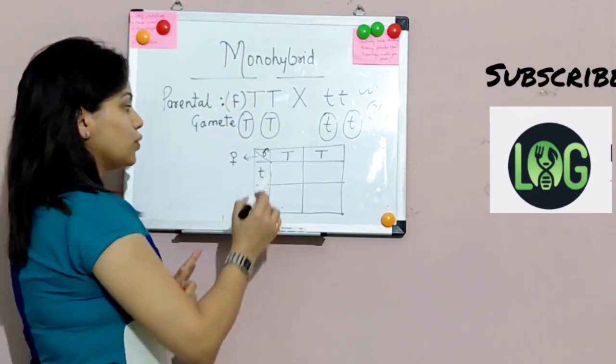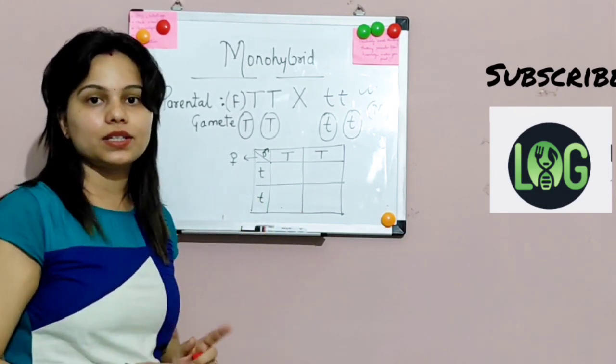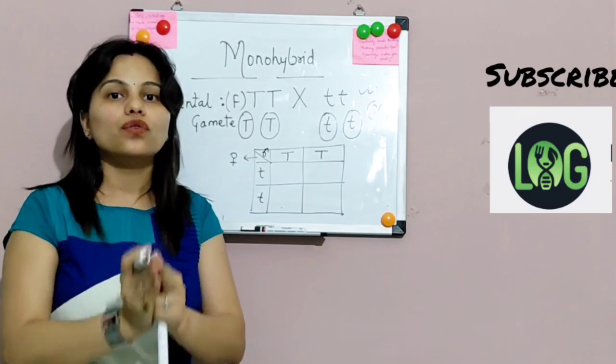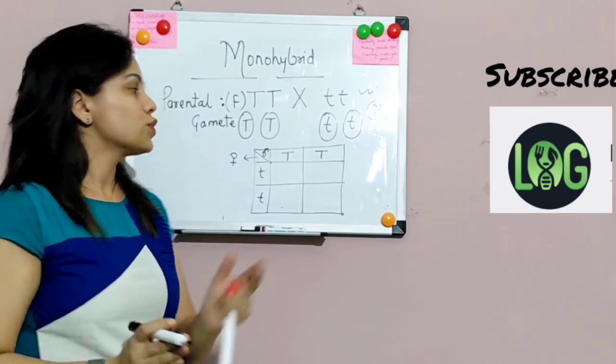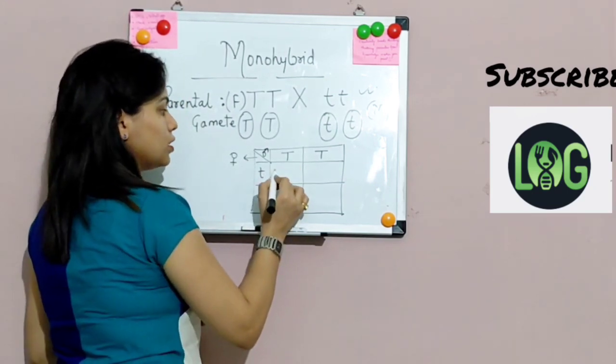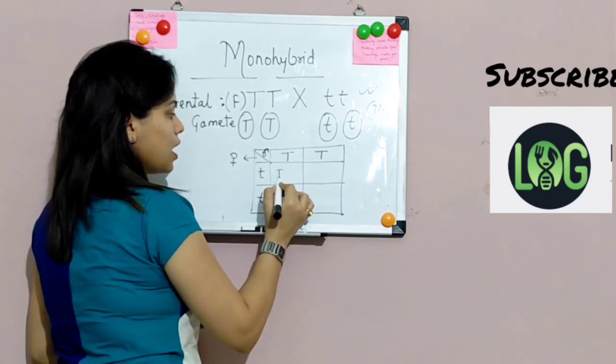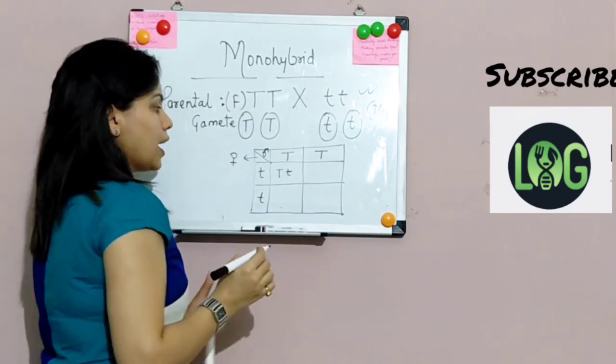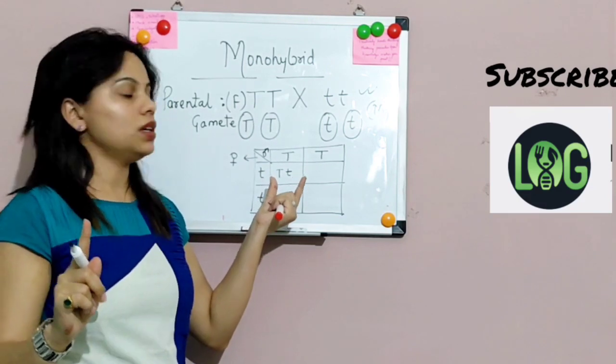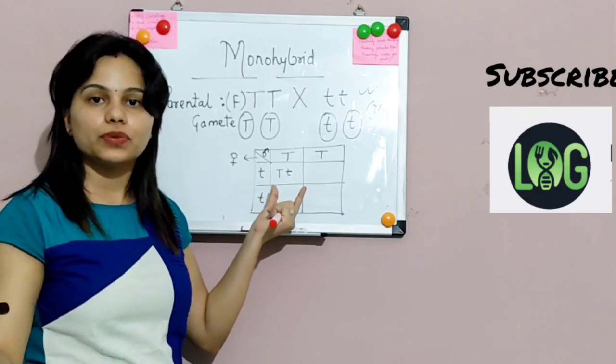Now when you join these gametes, the fusion of gametes will occur for the formation of the progeny. So one capital T will come from here and small t from here, and this is one of the probabilities of the genotype in the offspring.